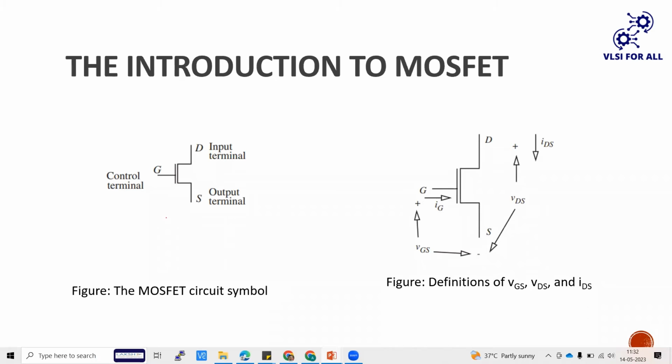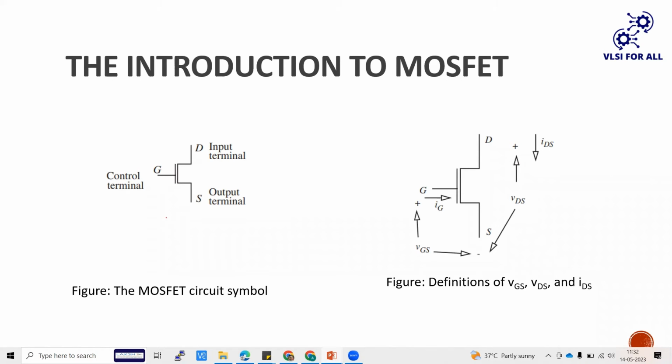MOSFET refers to metal oxide semiconductor field effect transistor, or you can call this a MISFET also, metal insulator semiconductor field effect transistor, or else you can call them IGFET as well, insulated gate field effect transistor.